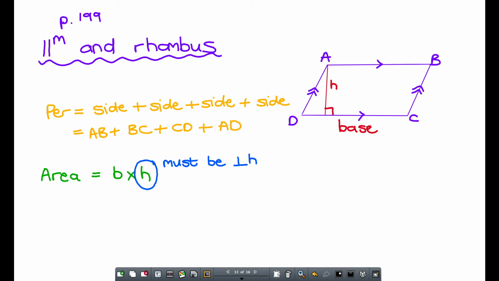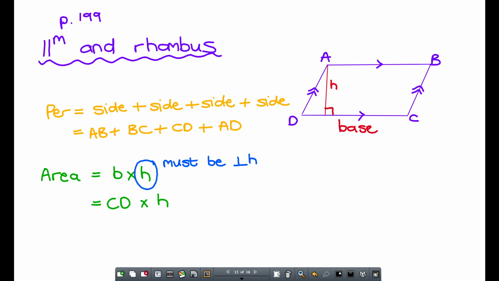Why am I saying you could use it at the top as well? Because DC is the same as AB. So it doesn't matter whether you use the top one or the bottom one. Okay. All right. So if I were to substitute it in here, my base would have been DC or CD and then times the height. Any questions there?